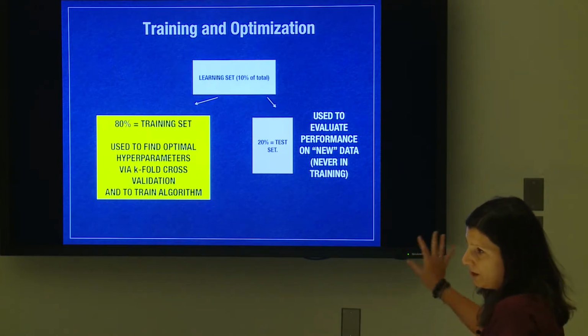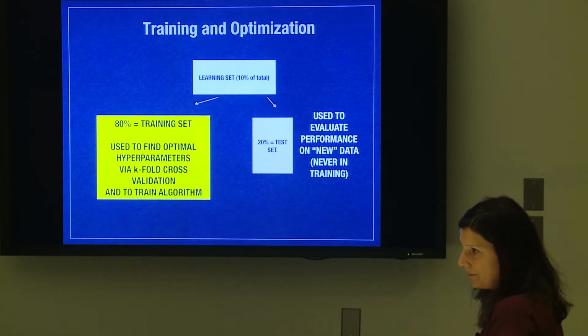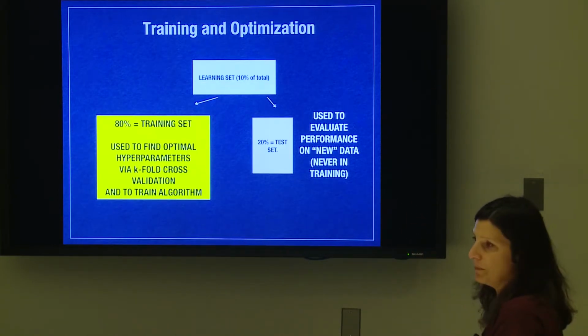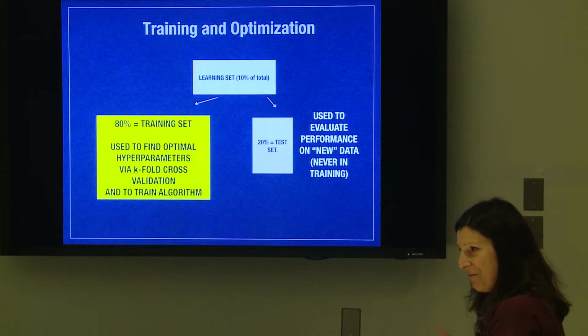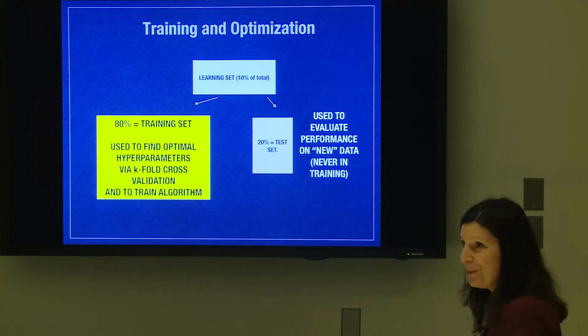Then I reserved 20% of the data, which has never been part of the training, to estimate the performance once I found my optimal estimator. I'm still not 100% convinced that I'm doing the best things here, so I would definitely be happy to hear suggestions if you have them.